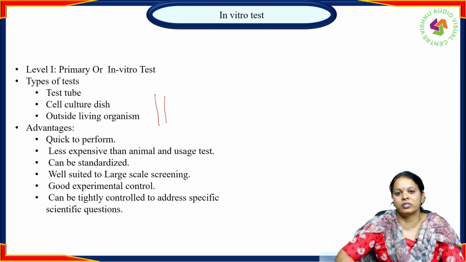If compatible, what is the level of interaction, what is the type of interaction, how far it is safe to go with the animal test and usage test. So all these technical details will be clearly understood by using such tests.